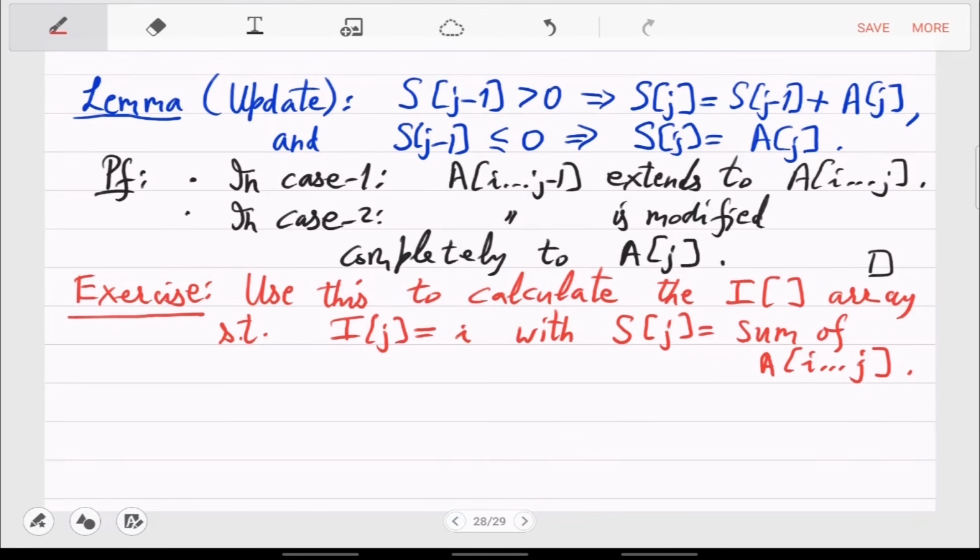Okay, so we want to keep track of small i also, because small i can change very drastically. In case 1, it does not change, it remains the same. But in case 2, it is completely forgotten.